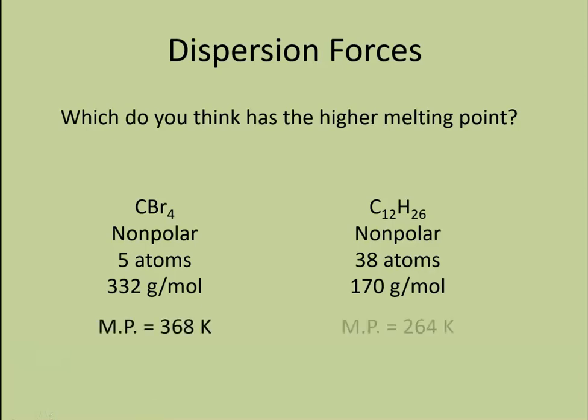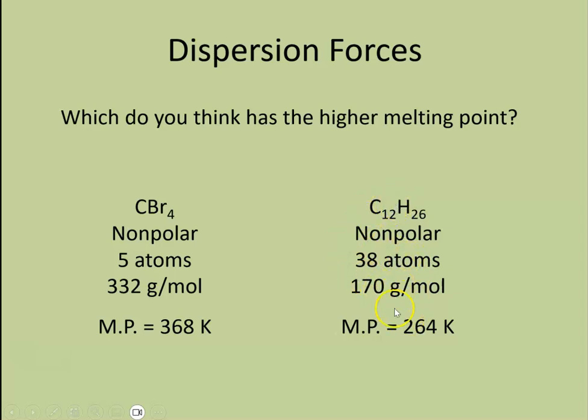The answer is that carbon tetrabromide melts at a much higher temperature than dodecane. Dodecane is in fact a liquid at room temperature. Now, if you made this a little bit longer, C14, C15, now you're getting up to where it's like paraffin wax and it will solidify.